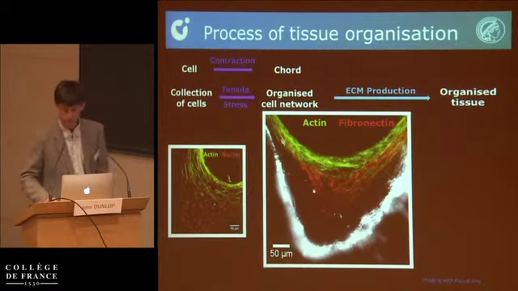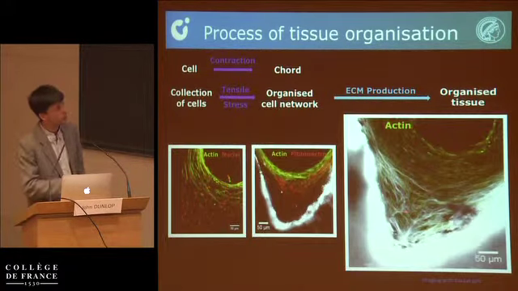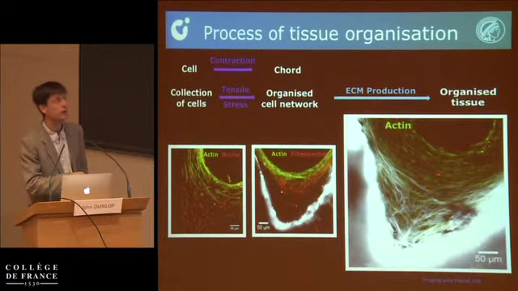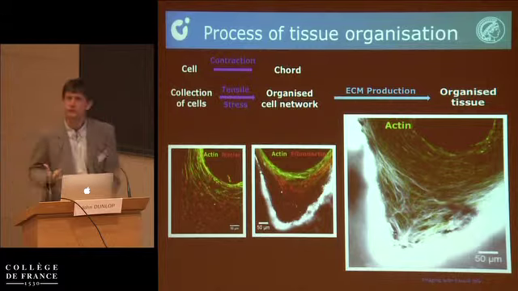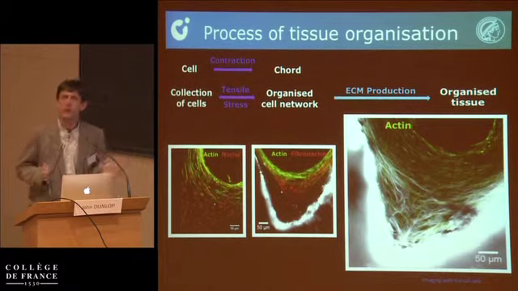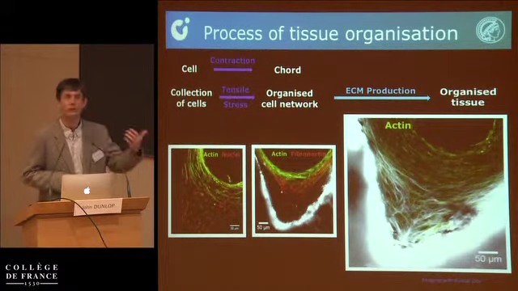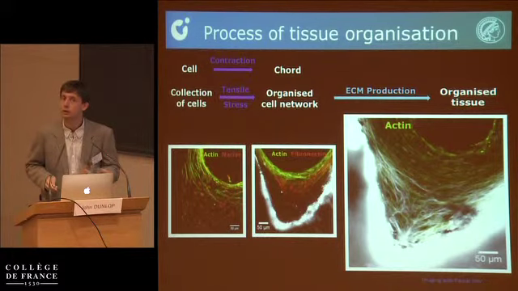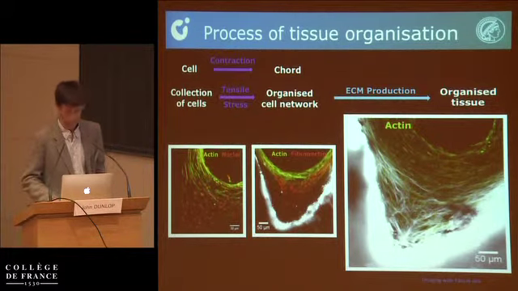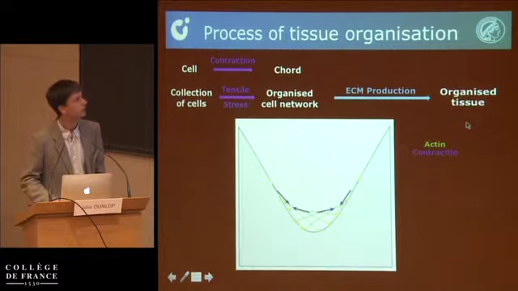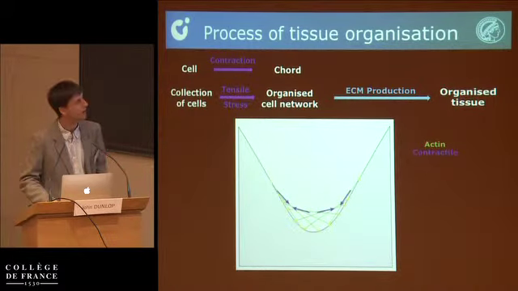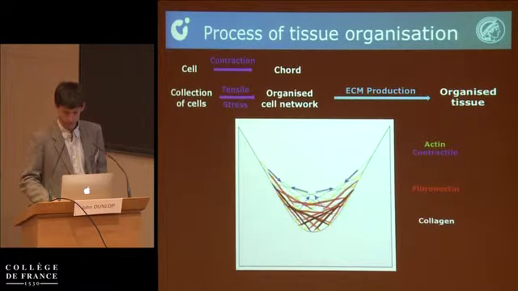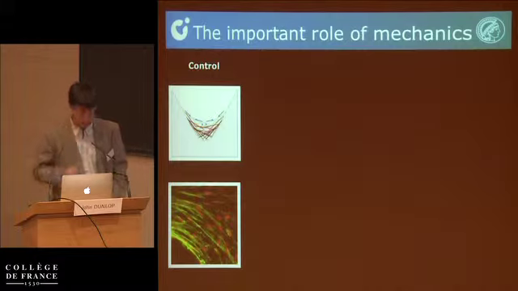So this is the main structural protein. And the collagen also co-aligns with the alignment of the cells. So this is quite interesting. So we see this spontaneous arrangement or organization of the cells, which then correlates well with the orientation of the collagen. So basically the model is that, well, first of all, these cells in green are sitting on a surface, followed by the fibronectin, and then followed by the collagen.